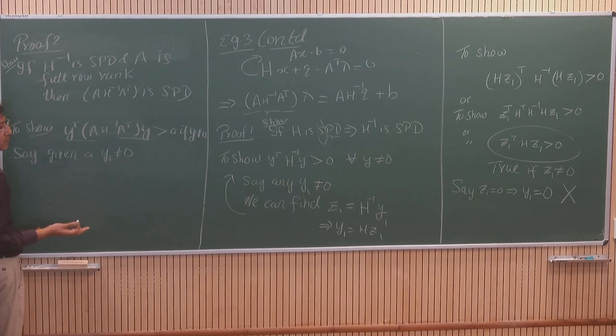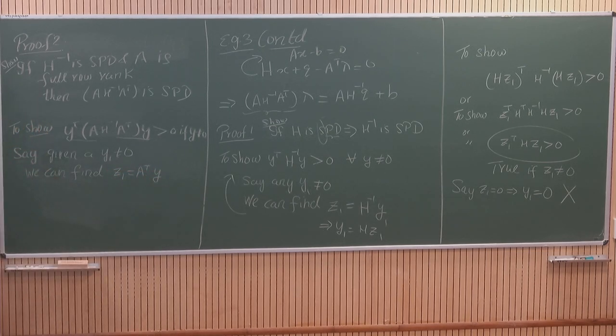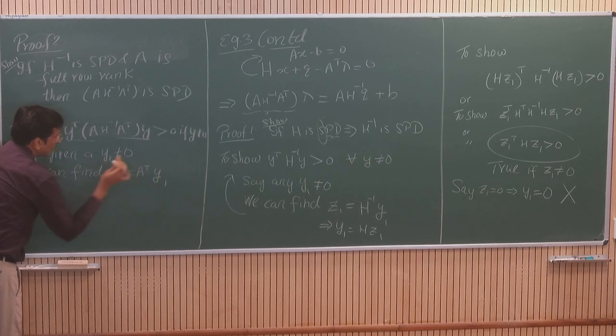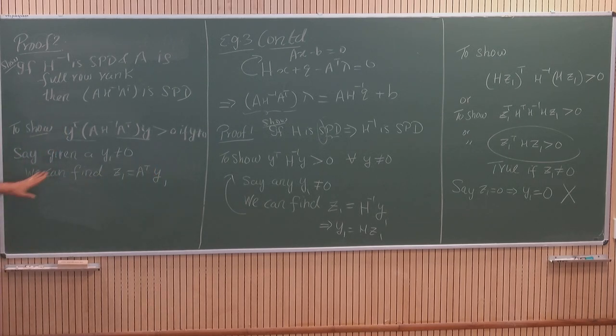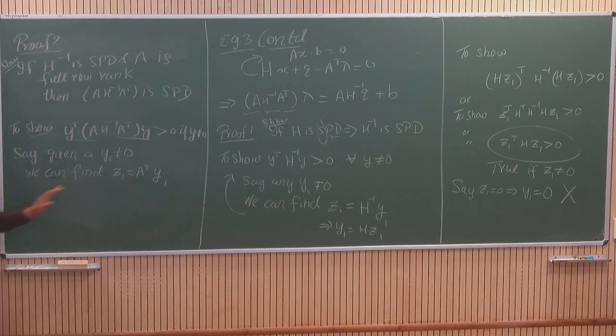And h inverse inside, we know this guy is symmetric positive definite. So we can find z1 equal to A transpose y1. Since we have picked one specific y1, we can multiply that y1 with A transpose and we can always find a z1. Correct?